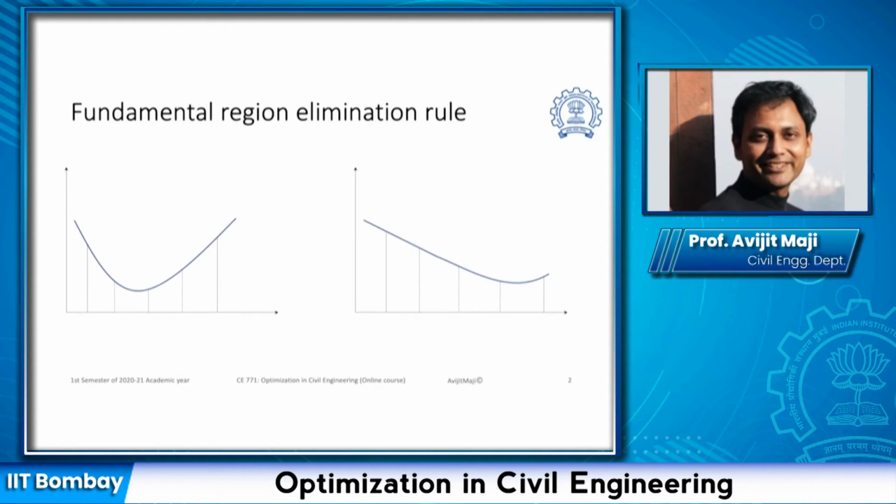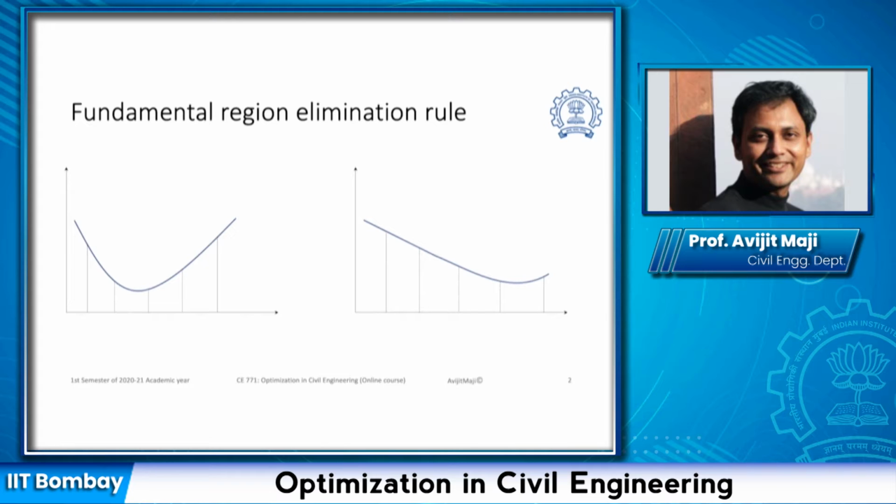The core region elimination concept lies within the fundamental region elimination rule. So first let us discuss about the fundamental region elimination rule. In the optimization problem using the numerical method, we said our functions are supposed to be unimodal functions.